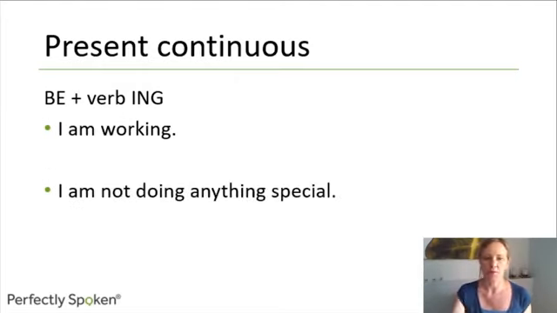Or in negative, I'm not doing anything special. So you've got the verb to be and the verb in ing: working, doing, cooking, writing, running, listening, jumping, juggling. And as I said, for the negative, we simply put not in to make it negative.